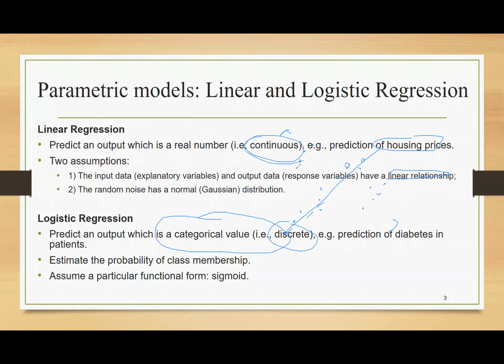For classification tasks, the output is usually discrete. We've already talked about this point in the first lecture, I think. An example is prediction of diabetes in patients. The most important thing in logistic regression is that it estimates the probability of a class. It decides which class the input belongs to based on the probability it calculated. This is how the classification task is done, okay?